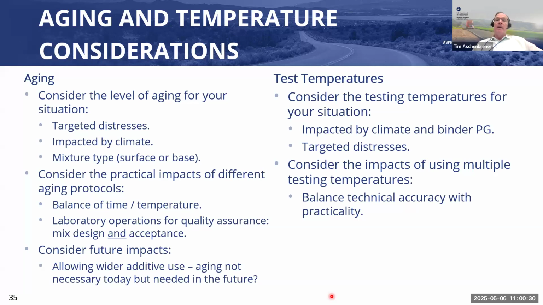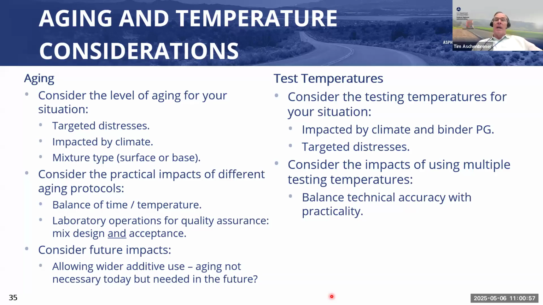But practically, the binder suppliers would not be able to provide us that many. So we had to do some simplification, and we boiled it down to 4 PG grades that we thought would work adequately around this state. And again, targeting distresses. Derek highlighted many examples where that rutting example is going to make a big difference.